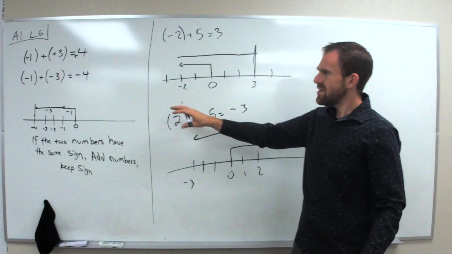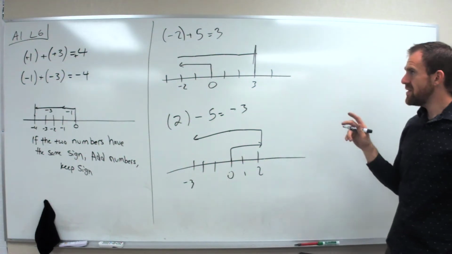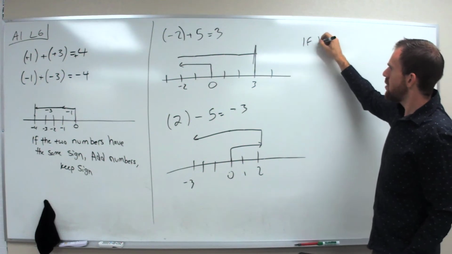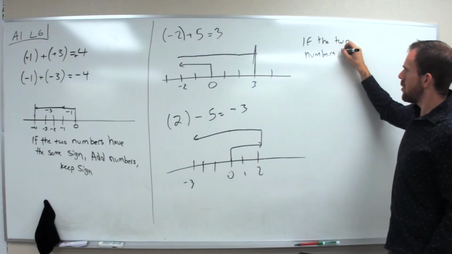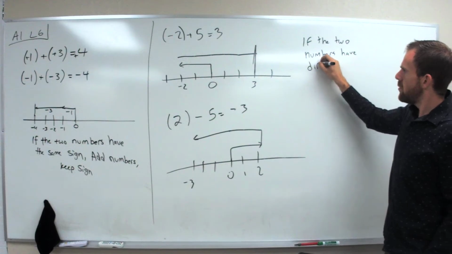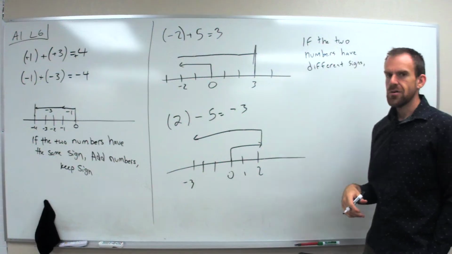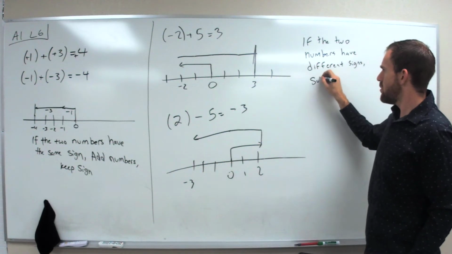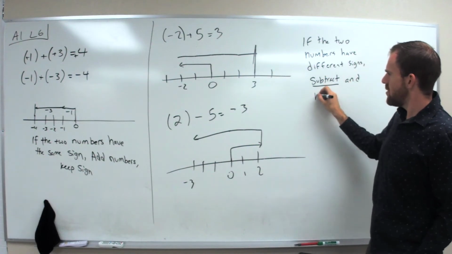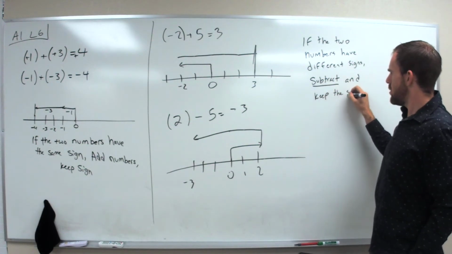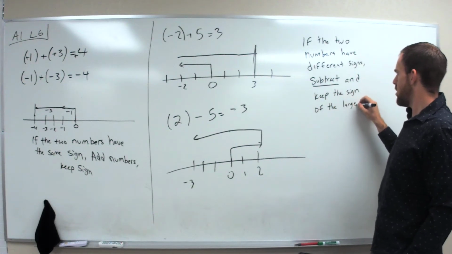So if the signs are the same, add them and keep the sign. If the signs are different, you are going to subtract and keep the sign of the larger number.